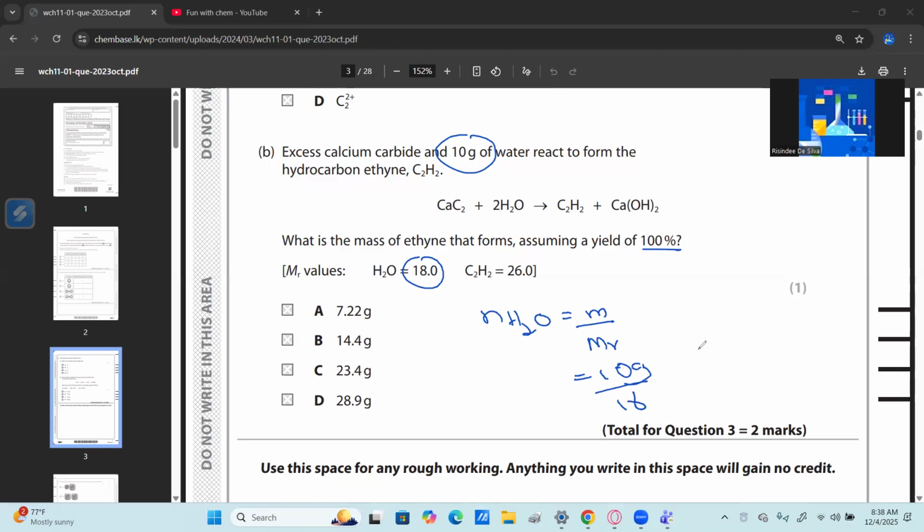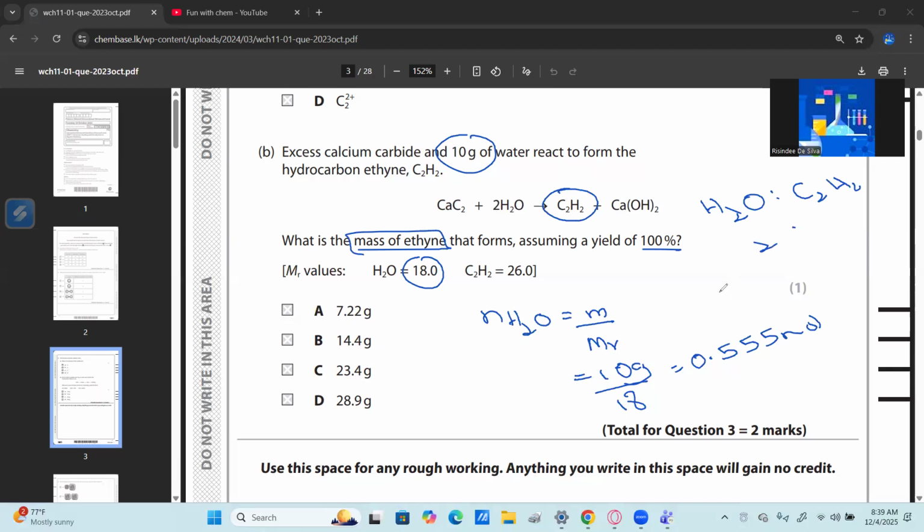Then you get the number of moles of water as 0.555 moles. If you get the ratio between water and ethyne, it's 2 to 1.